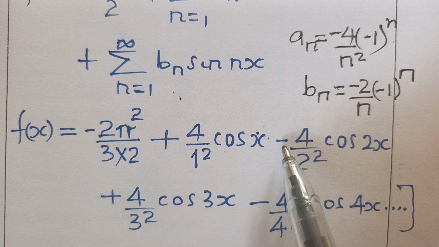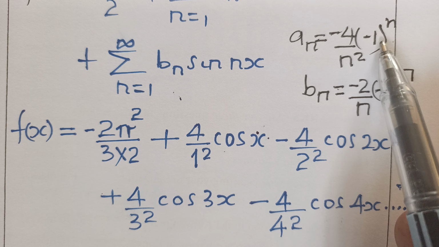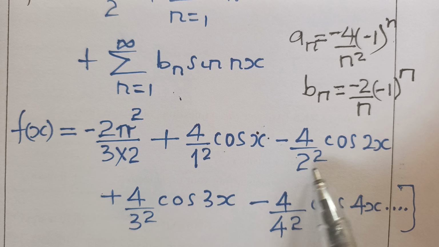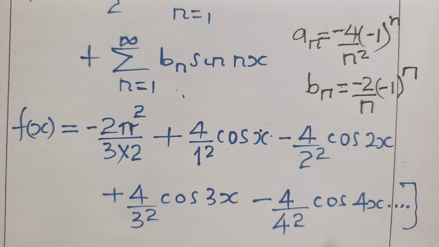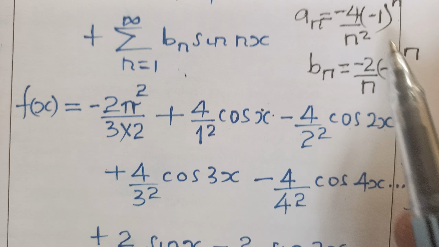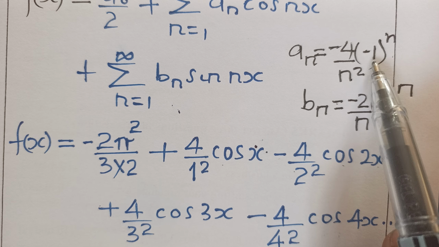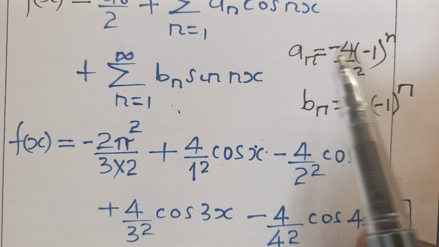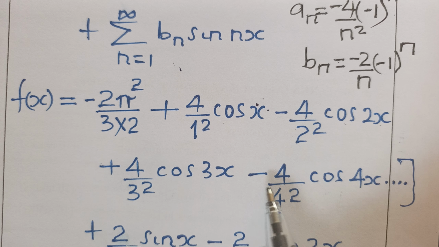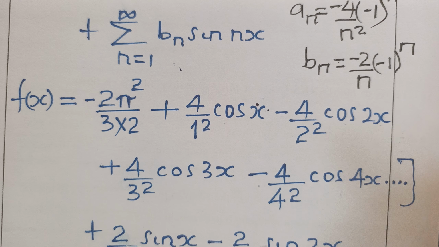We go to the next. When n is 2, the sign is going to be positive. And so we are going to have negative 4 here, all over 2 squared, cos 2x. And then for the next, n is 3: negative 1 raised to 3 will give us negative, and negative gives us positive now, over 3 squared. Now this one is negative, so you have plus, negative, and so on.